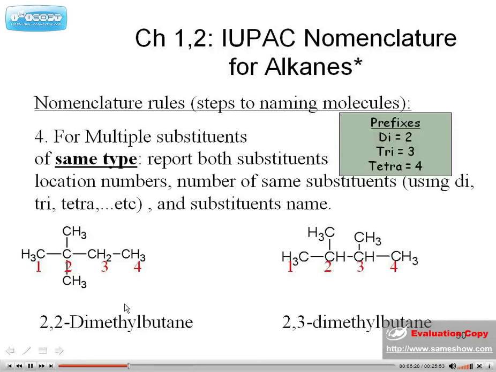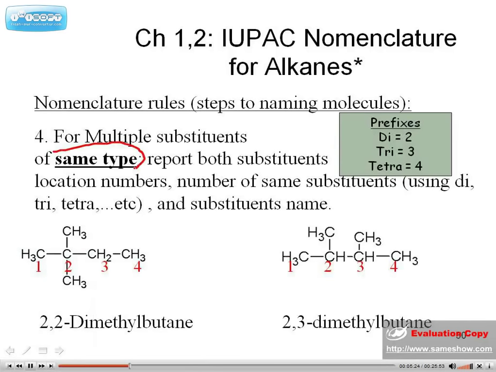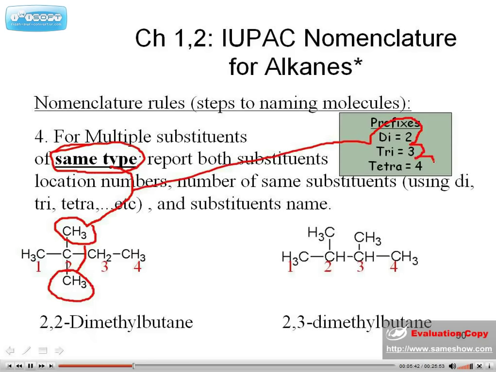In this example, when we have multiple branches of the same type, so for example, in this molecule right here, we have 2 branches and they're of the same type, then we go ahead and we use di, tri, and tetra. Di meaning there's 2 branches of the same type, tri there's 3 branches, tetra there's 4 branches of the same type.